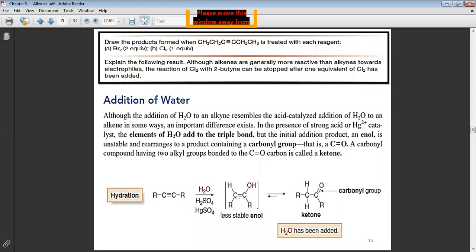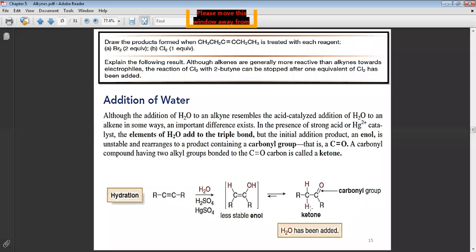We have a negative charge here because of the electrons, and also here because we have unshared electrons and an electronegative oxygen. So this is not a stable compound and directly converts to the ketone. How? This proton comes to here, and the double bond is formed here. It will give you a ketone.